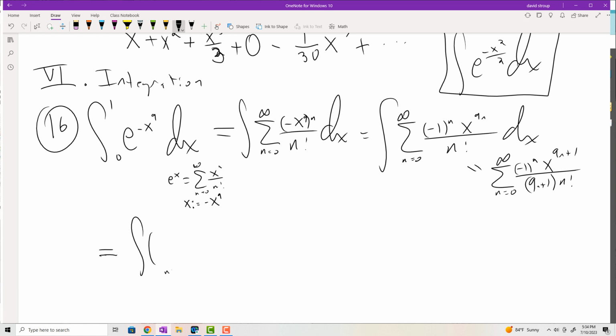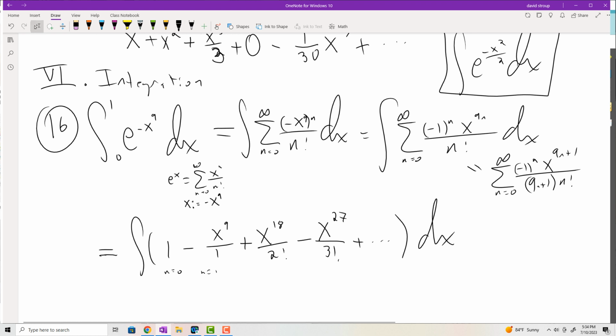So n equals 0 is going to give us 1, and then n equals 1 will be negative x to the ninth all over 1 factorial, then plus x to the 18th all over 2 factorial minus x to the 27th all over 3 factorial plus blah, blah, blah.